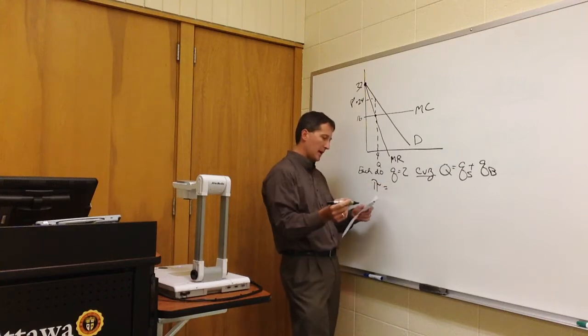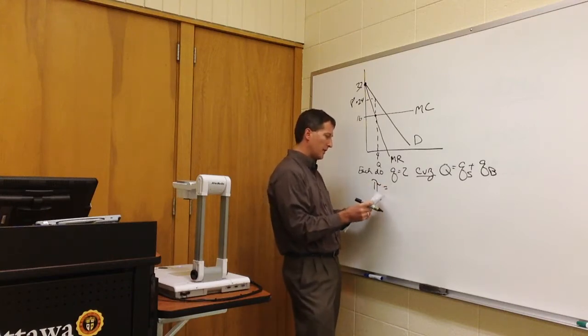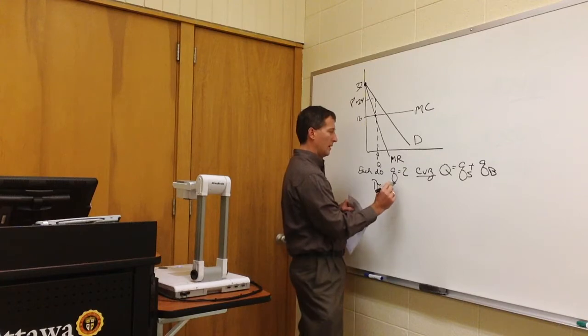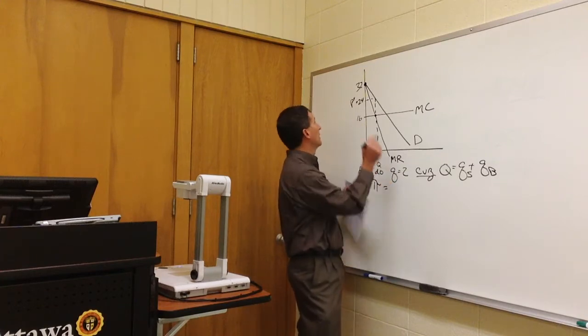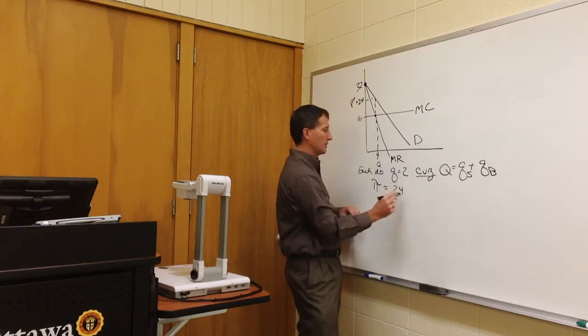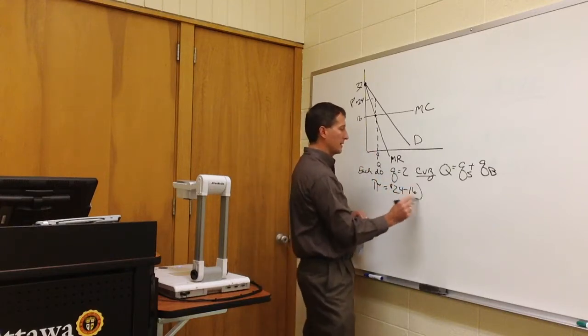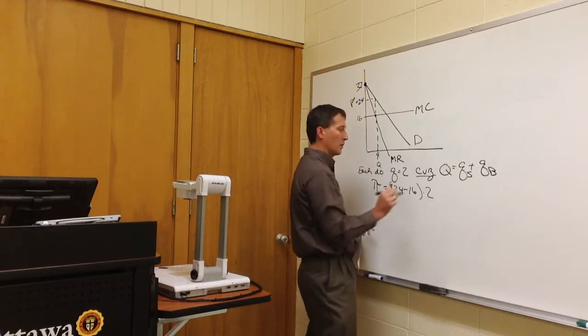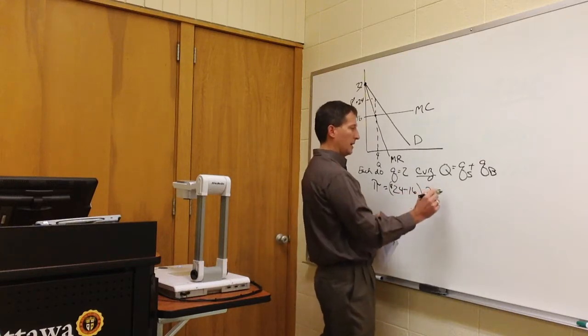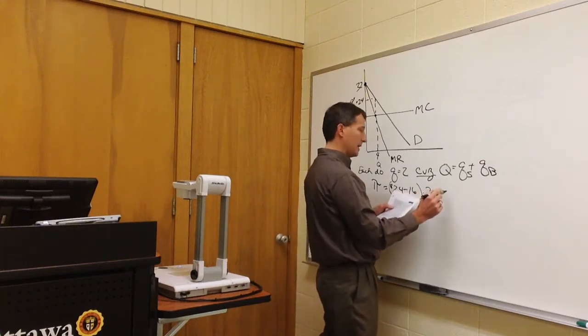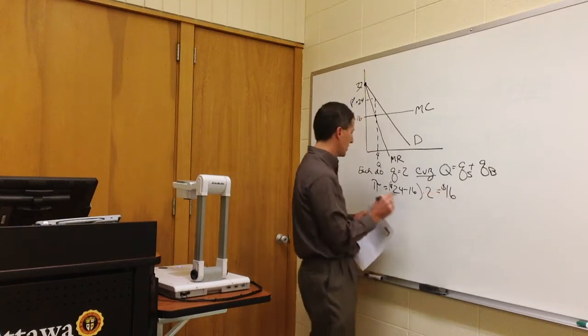And so then we had profits of $24 per ton, which was our $24 minus our $16 cost times our quantity of 2, which gave us our $16 profit for each company.